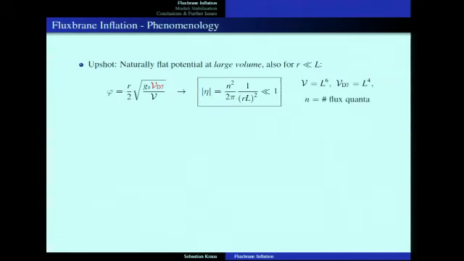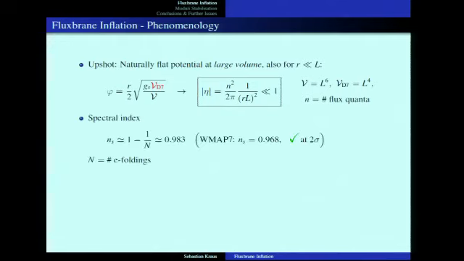Now with this potential, you can go ahead and compute the slow roll parameter eta, and this time, if you are at large volume, i.e. L is reasonably large, you find that eta is naturally much smaller than 1, so you don't have this eta problem which I talked about before.